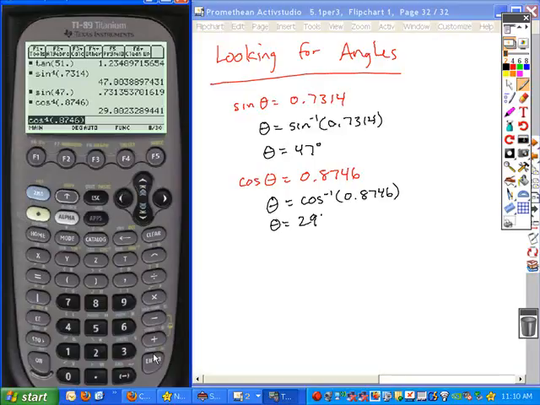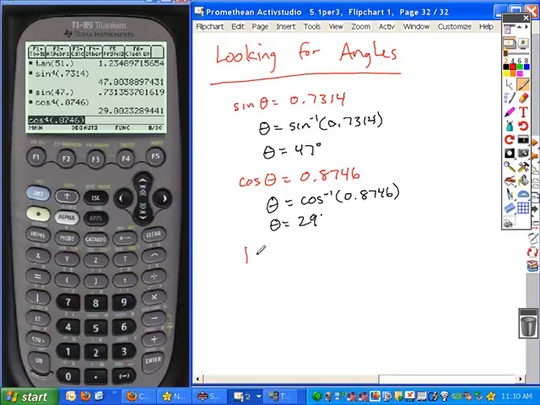And so what about the tangent? Let's say I give you a problem where the tangent of an angle is given as 3.0777.